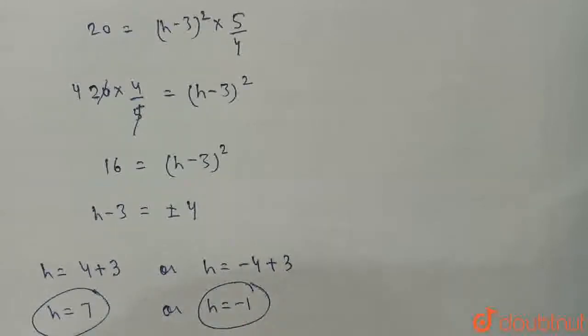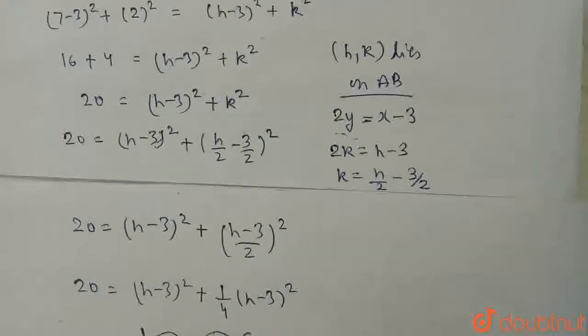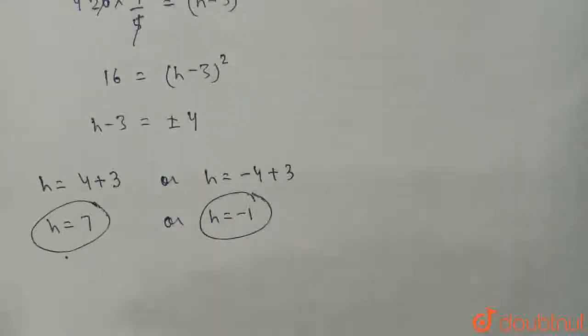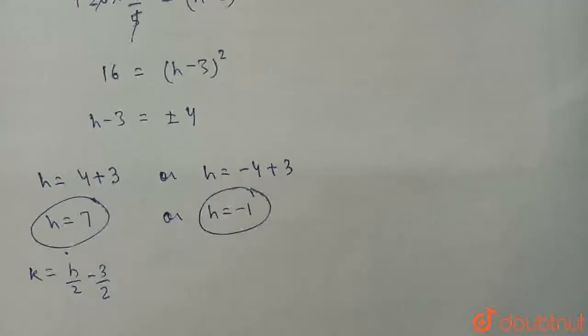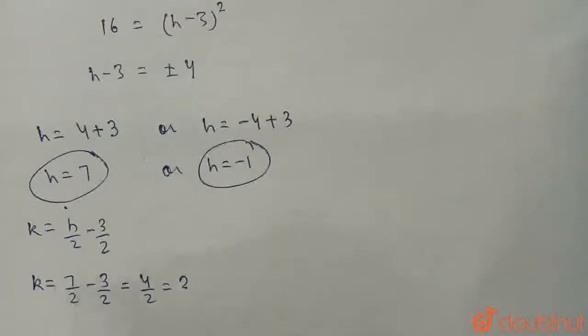So now if h is equal to 7, we put the values of h here and find the values of k. If the value of h is 7, then k is equal to h by 2 minus 3 by 2. So k is equal to 7 by 2 minus 3 by 2, that is 4 by 2, which is equal to 2. So one point we have got is 7 comma 2.